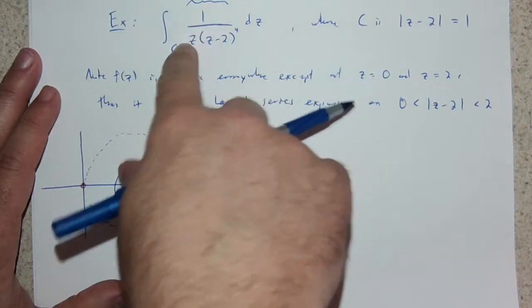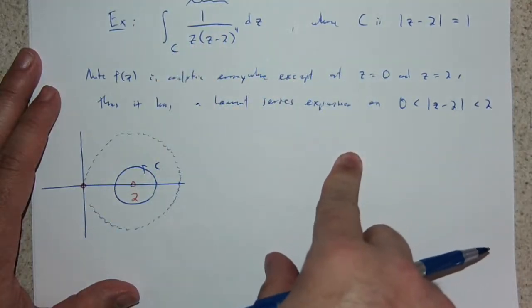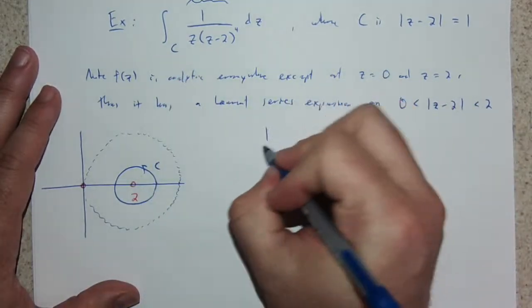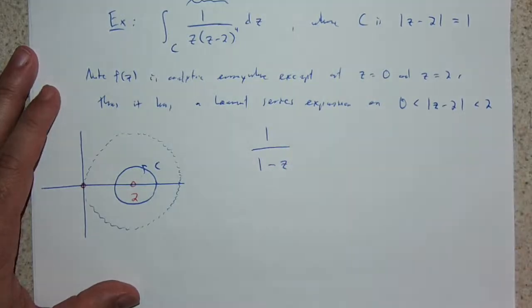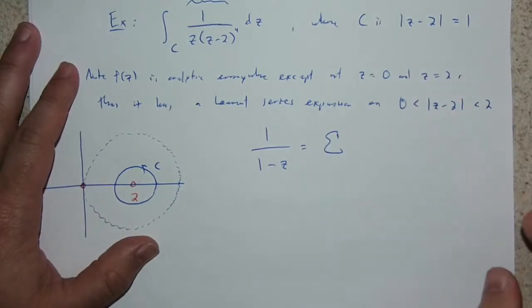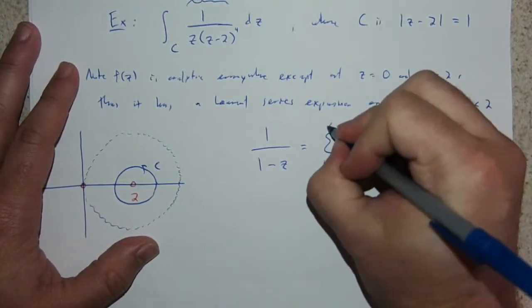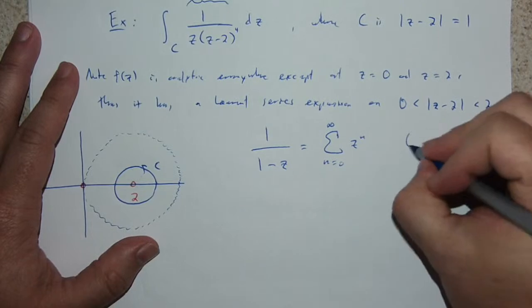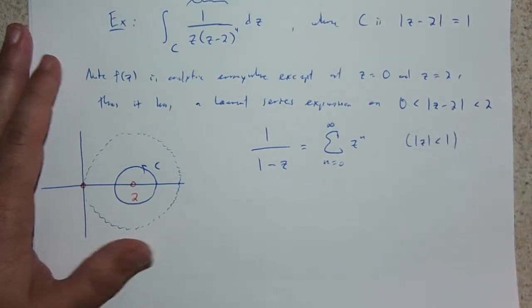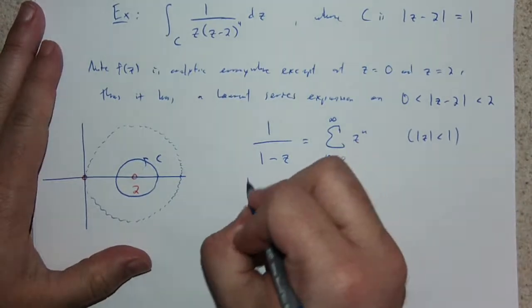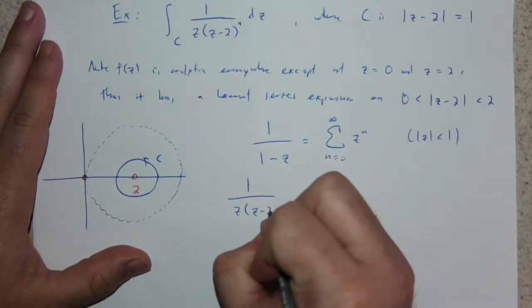We know this is our characterization of the geometric series: the sum from n equals 0 to infinity of z to the n, valid whenever the modulus of z is strictly less than 1. We can use this, as we often do, to rewrite this integrand in the following way.